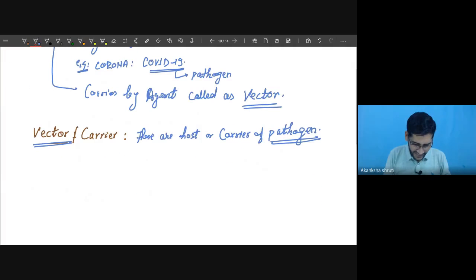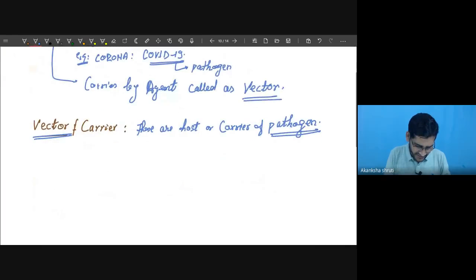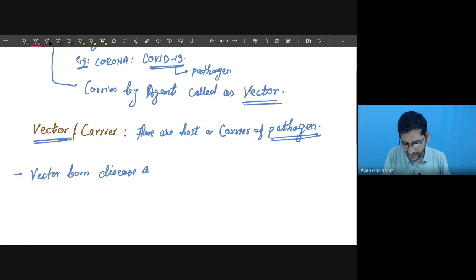So what are the examples? So vector borne disease, write down, vector borne diseases are those which are carried by vectors.